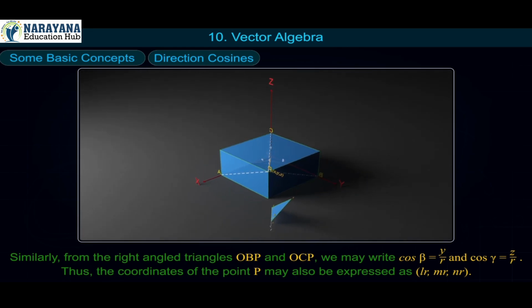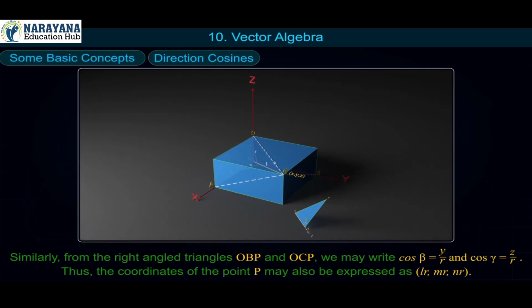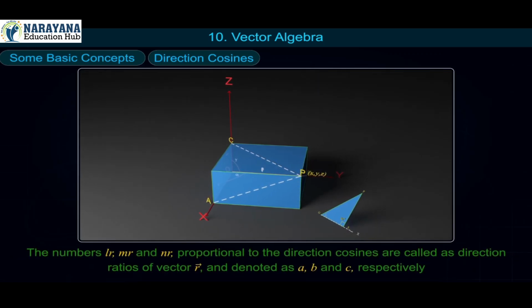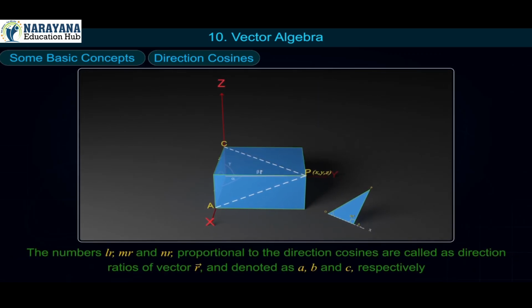Thus, the coordinates of the point P may also be expressed as lr, mr, nr. The numbers lr, mr and nr, proportional to the direction cosines, are called direction ratios of vector r and denoted as a, b and c respectively.